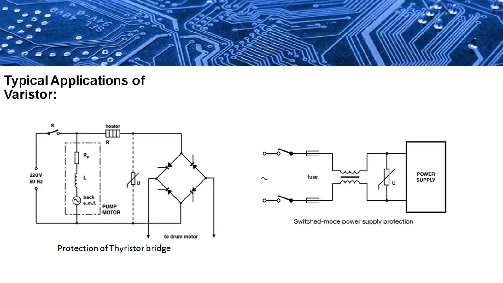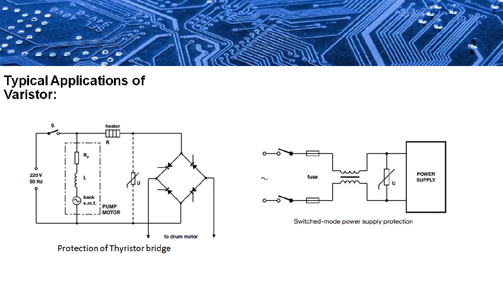These are the typical applications of the varistor. On the left side, when the switch S is closed, the inductor stores the energy, and when the switch is open, the energy stored in the inductor will be released as a transient, that is a spike, and it will damage the thyristor bridge.